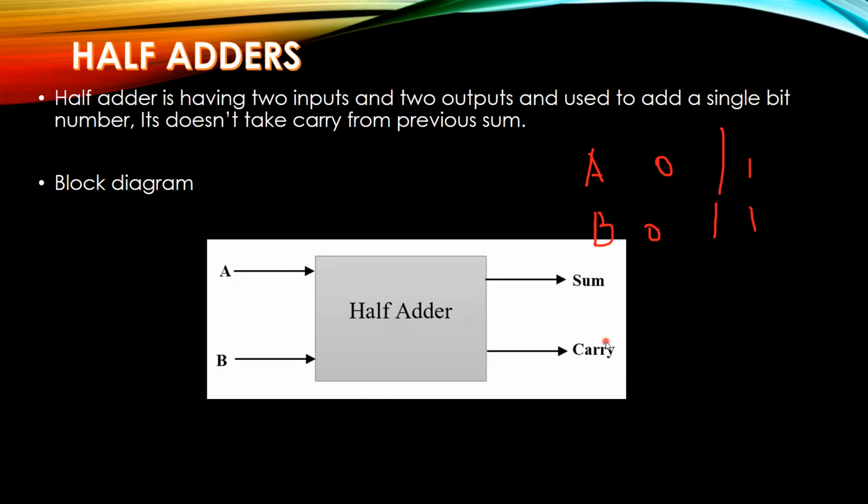Now I'll design the truth table for the half adder. With two inputs, you will have four combinations. A and B are the inputs and sum and carry are the outputs.